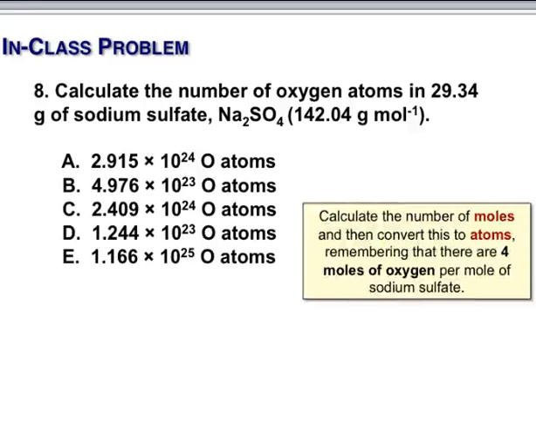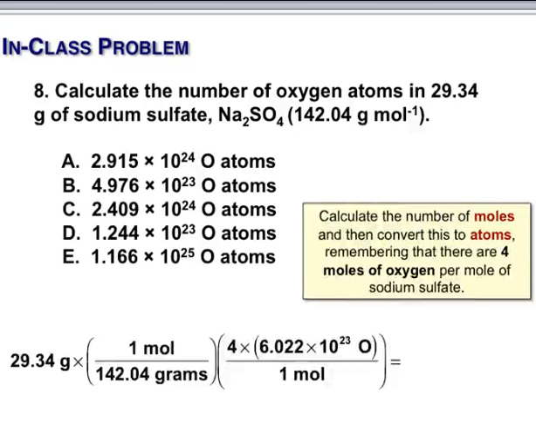Once we know the number of moles of sodium sulfate, we know that every mole is 6.02 times 10 to the 23rd things, and that there are 4 oxygens. So we can set it up like this. Mass divided by molar mass is moles. Every mole is 6.02 times 10 to the 23rd, and there are 4 of them.